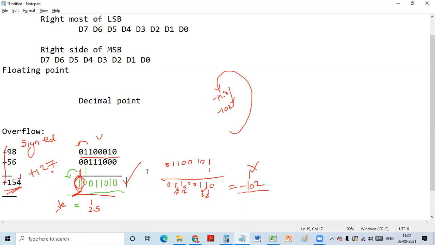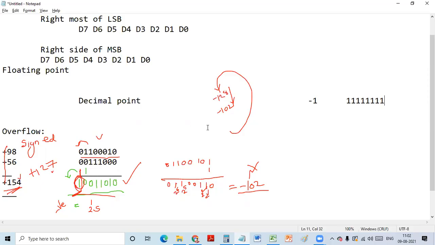Okay, right? See, for a simple case, let us consider numbers like -1. How is -1 represented in 2's complement way? FF, 8 ones. This is -1 in 2's complement way, right?